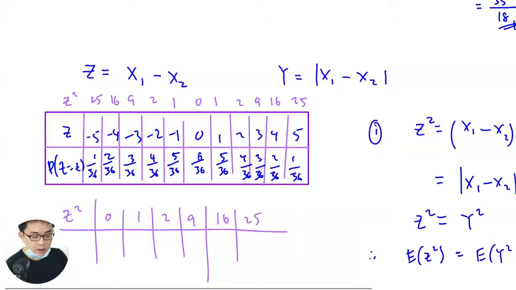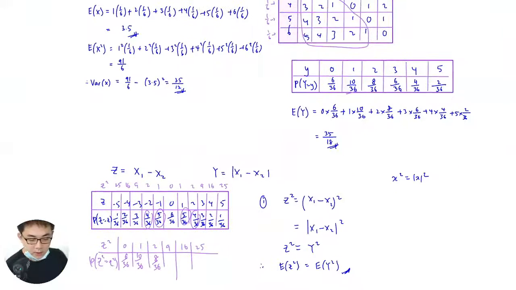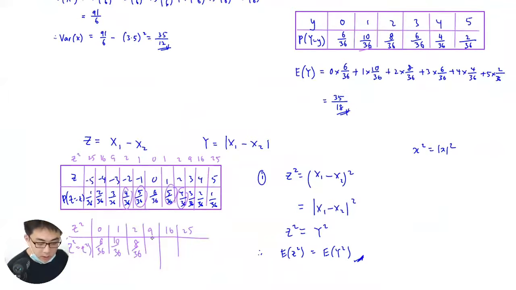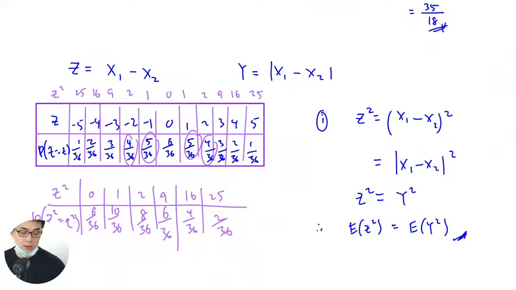The probability of Z squared equal to 0 will be 6/36. 1 will be this plus this one. Then this will be this plus this one. Then it will be the same as the Y squared. It's the same because when you square it, you need to merge the probability up.